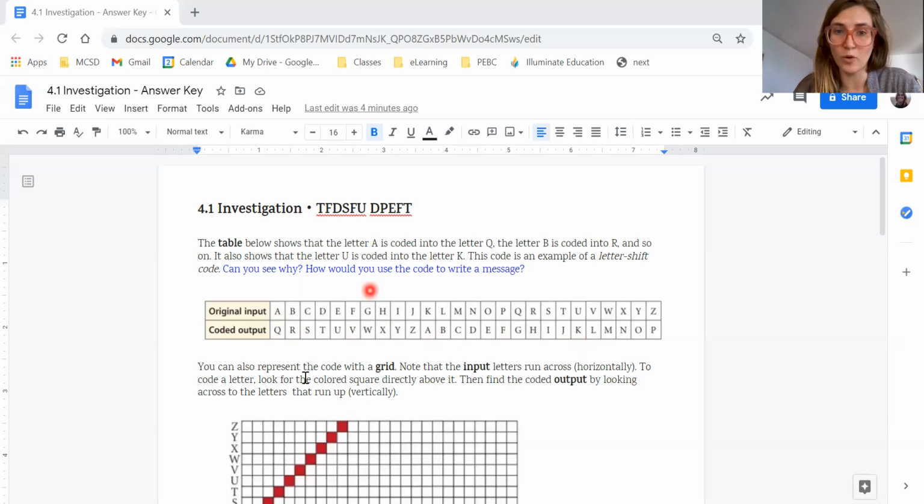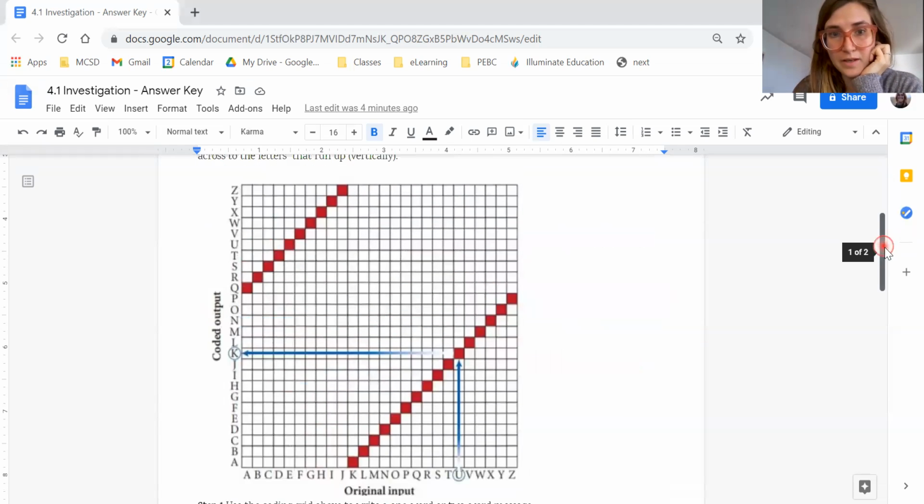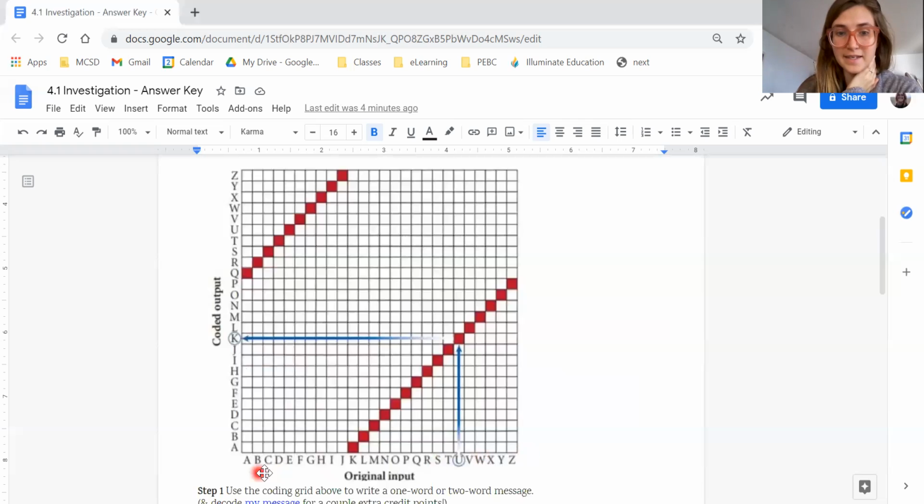So this is our table, but we can also represent the code with a grid. And this is our grid where the input is along the horizontal axis. The output is on the y-axis, the vertical axis. So if I wanted to figure out what a coded letter was, let's say I wanted to code hi, H-I. So I'd go down to the H along the horizontal axis. Again, this is my original input. This is the word that I want to create.